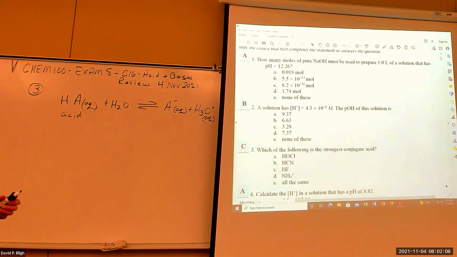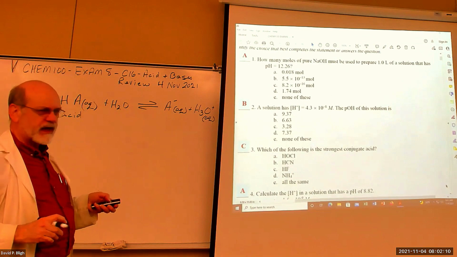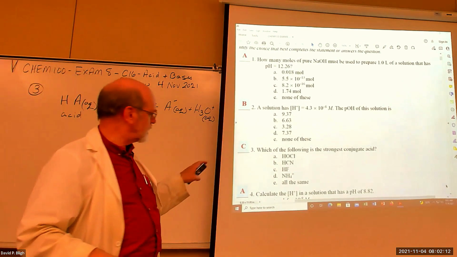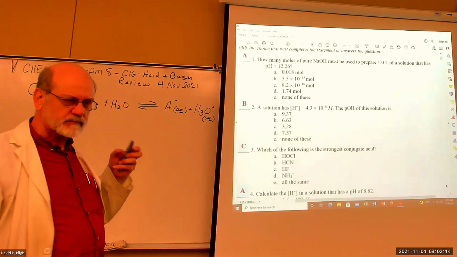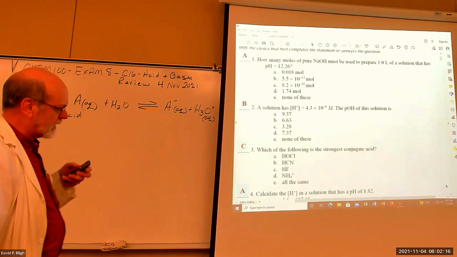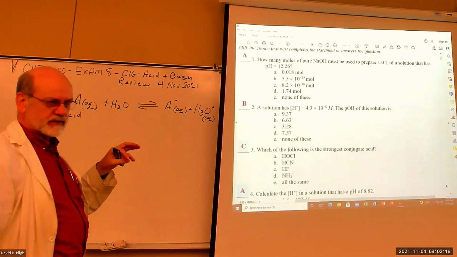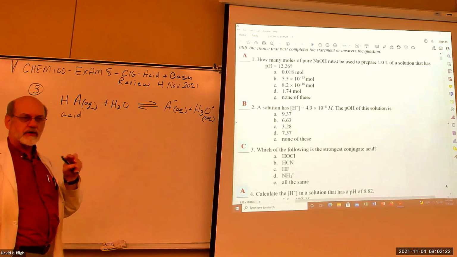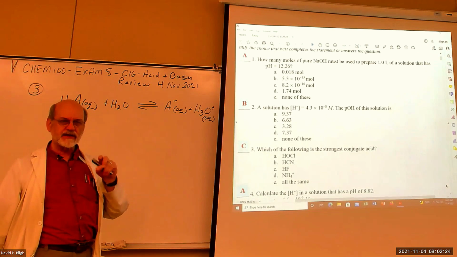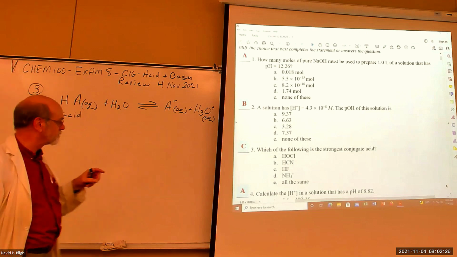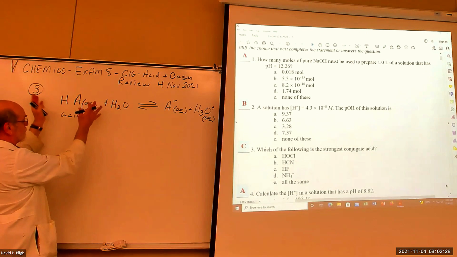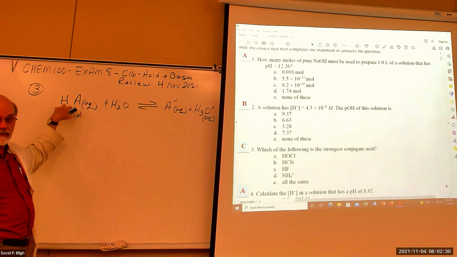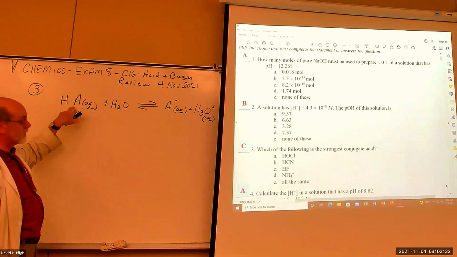Okay, I was just starting off. The first one I had picked out on the review document is number 3. But I thought it better, rather than just jump right into that problem, to do a little bit of review on what actually occurs when an acid is placed in aqueous solution. This is my generic acid. It always has a hydrogen to start with, and then the rest of the molecule.